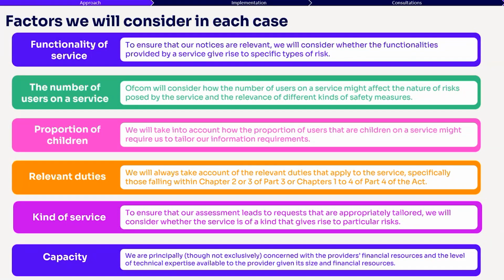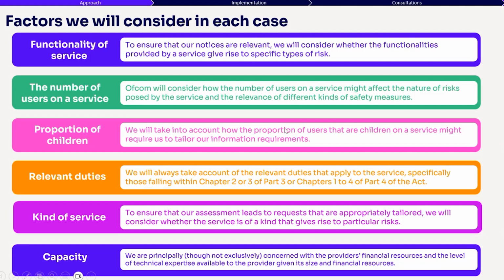So in that illustrative example, we would look to prioritise information about those kinds of harms in the transparency notices we give to messaging services as a priority over other types of harms that may be less relevant to that type of service. So that's the kind of way in which we might consider these factors and how they might affect the information that would be required for reporting in transparency reports.